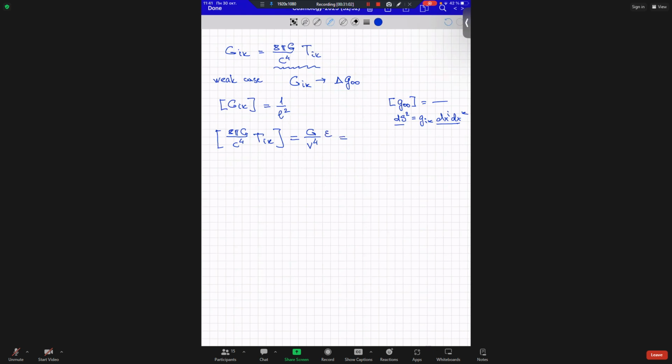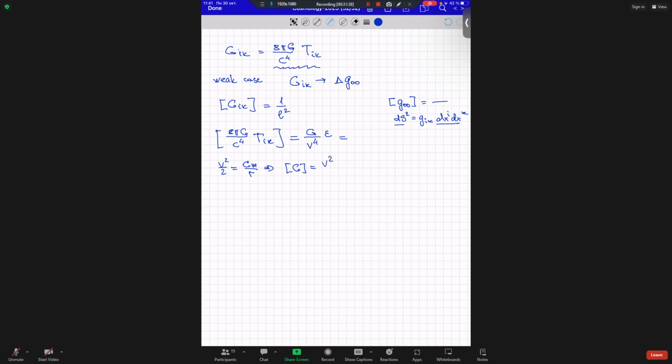Okay, let's look at what the final dimension will be. For me, it's convenient to find, as usual, the dimension of the gravitational constant like this. I just write the equality of the kinetic energy and the potential energy. So from this, I can find the dimension of G.